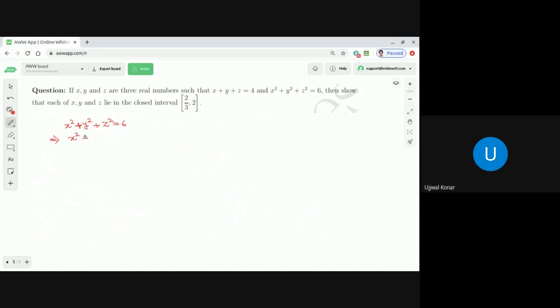So we can write x square plus y square plus (4 minus x minus y) whole square is equal to 6. Correct, dear students? Now, the moment you write like this, the question comes to our territory. Our territory means this kind of problem we have done earlier.